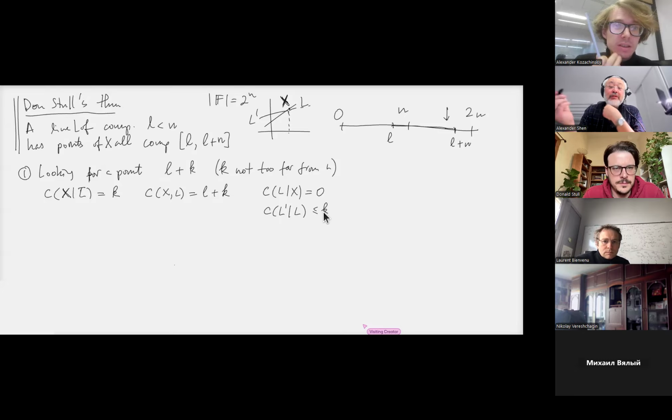Let's see it. You say that there is a unique line L of complexity at most L that passes through x.